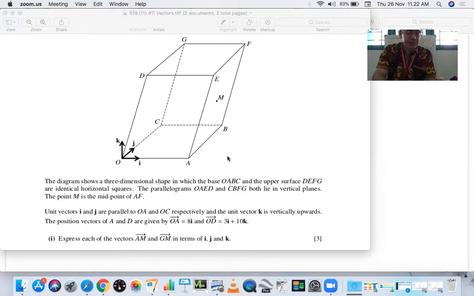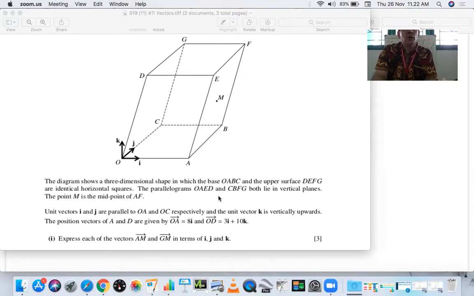Here we have a three-dimensional diagram, and it says the diagram shows a three-dimensional shape in which OABC and the upper one DEFG are identical horizontal squares.